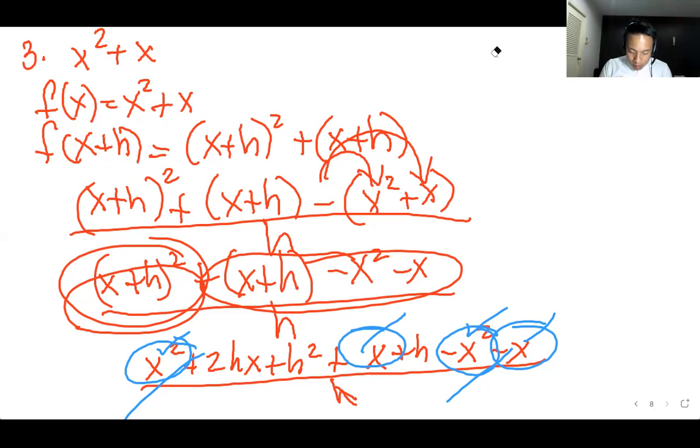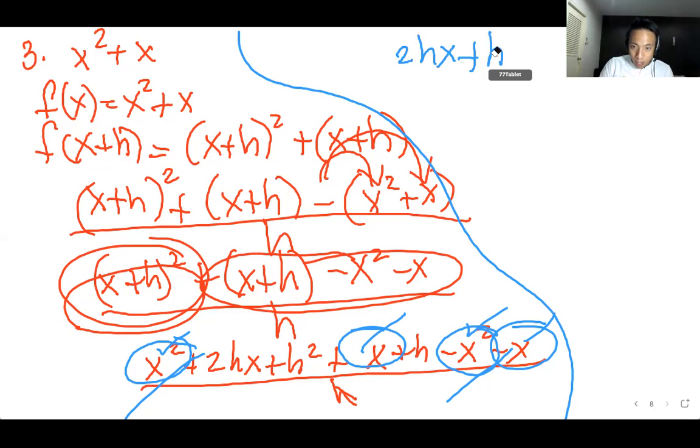Saan ko siya ilalagay? Kasi sa bandang taas. I will change the color para hindi kayo malito. So, ang kukunin ko na lang is si 2hx plus h squared plus h all over h. Tama? Kasi na lang yung ating natira.